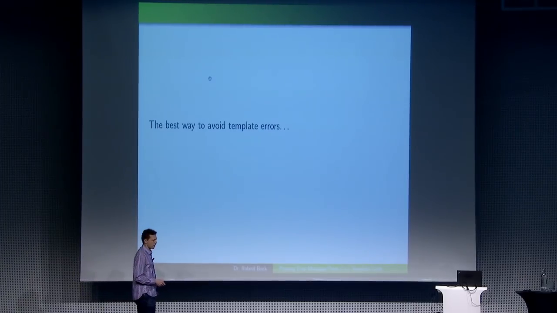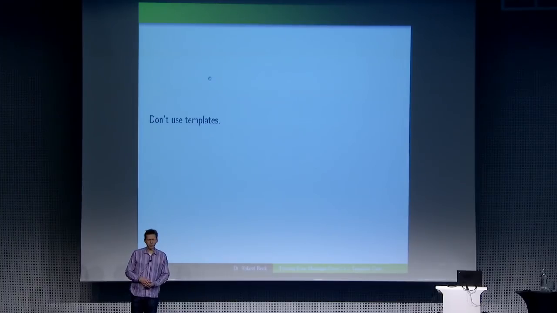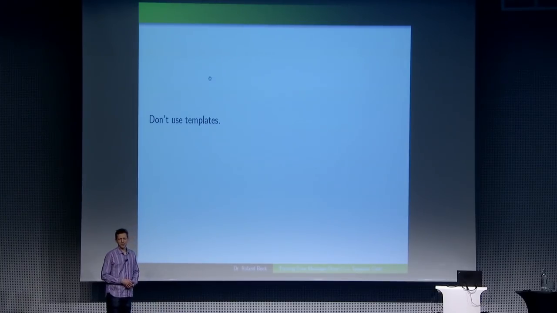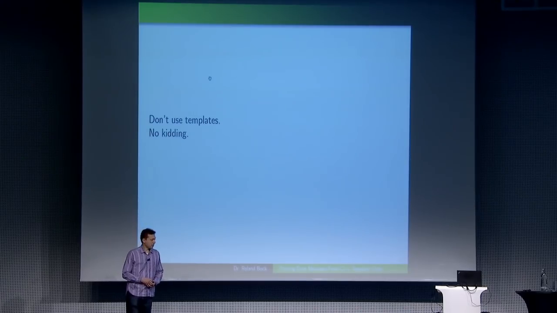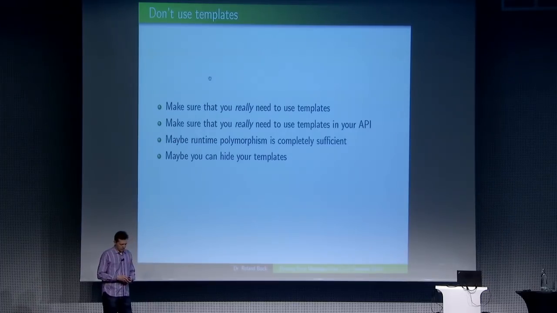So, what's the best way to avoid template errors? Well, the best way to avoid template errors is don't use templates. And I'm not kidding, even not in this talk. There are so many people using templates just because it's C++.